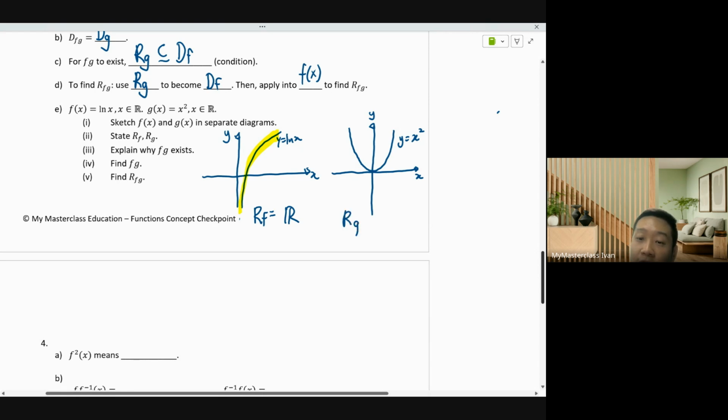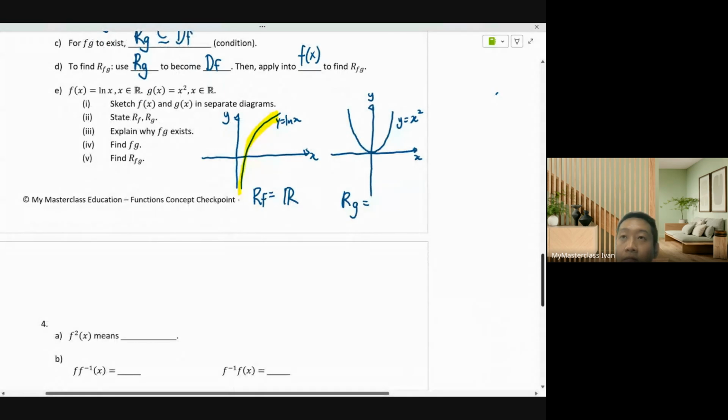What's the range of G? Yingshen? Range. Zero, include 0 to infinity.